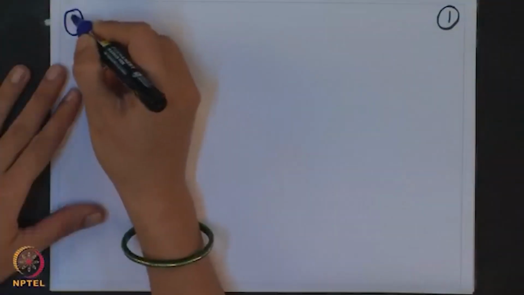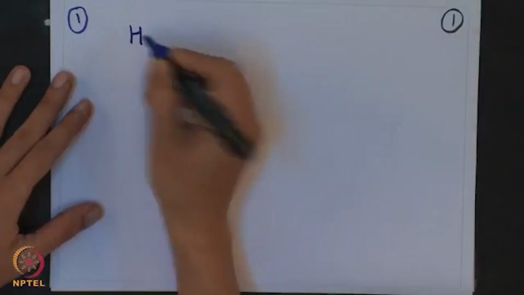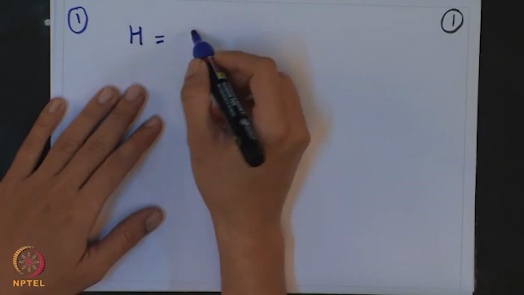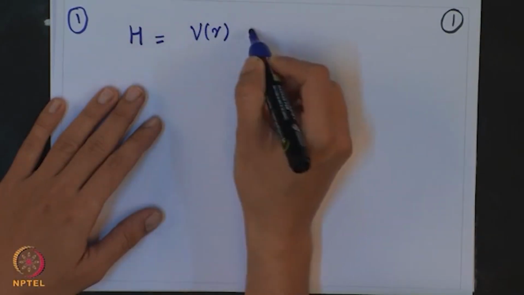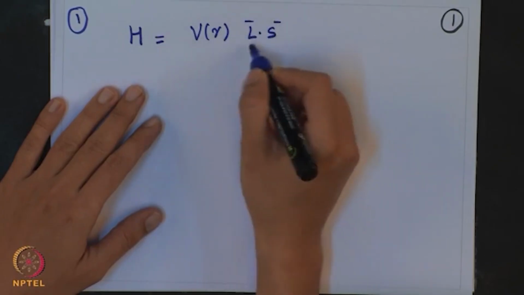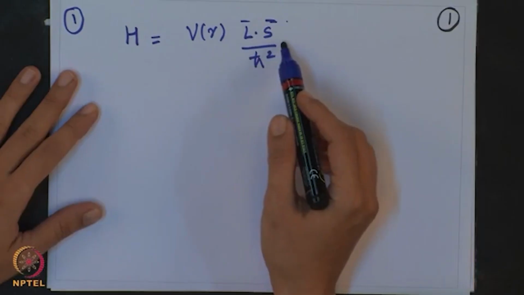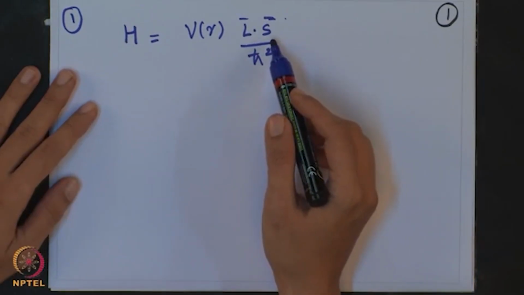You are supposed to find out the energy of the Hamiltonian, and here the problem given to you is that a Hamiltonian of the form V(r) upon h cross square, L dot S, where L dot S is the LS coupling term.